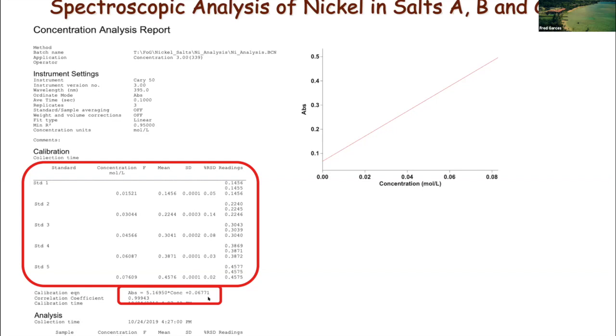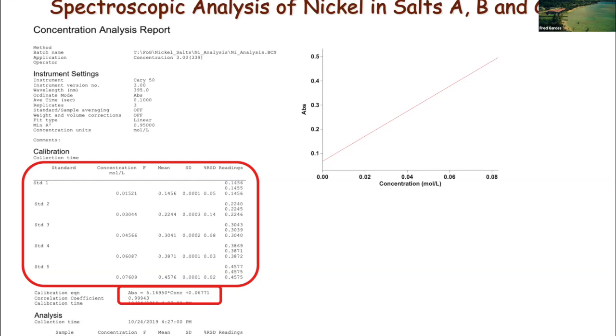The correlation factor for this particular data is 0.99943. Recall from a previous experiment that the goodness of fit, how well those points fit the straight line, is the correlation factor. 3 nines is pretty good. If you only have 1 nine, that's not very good.